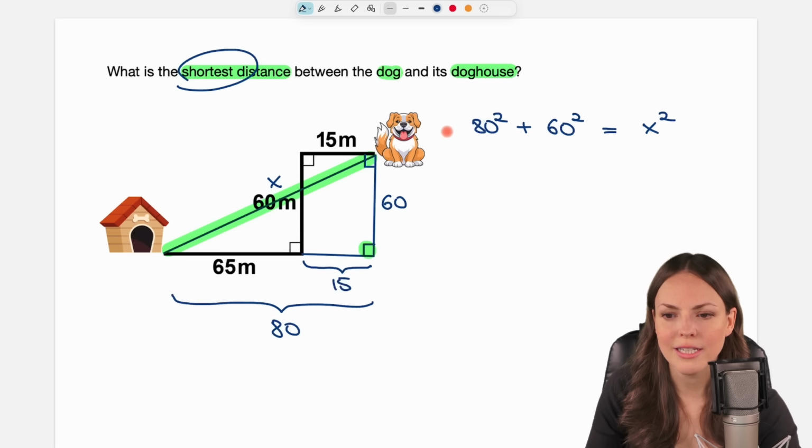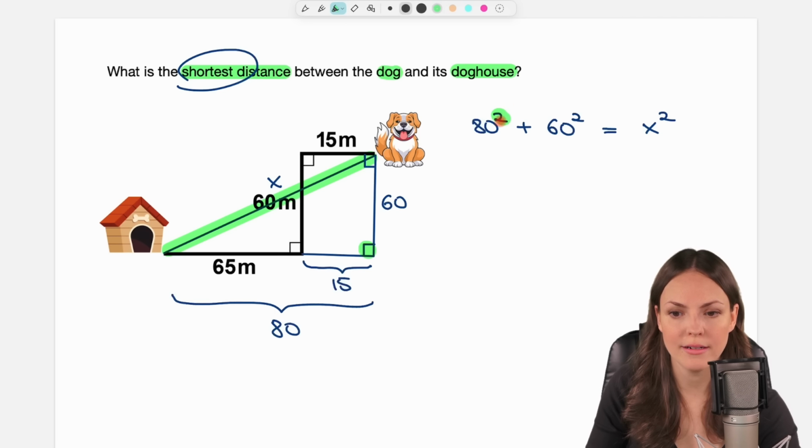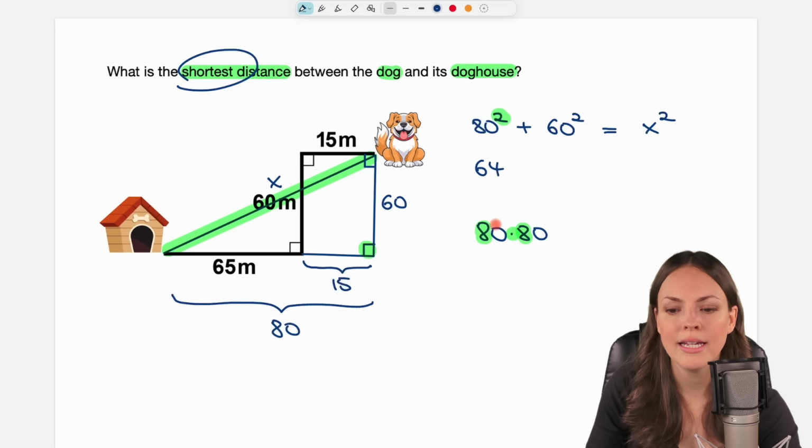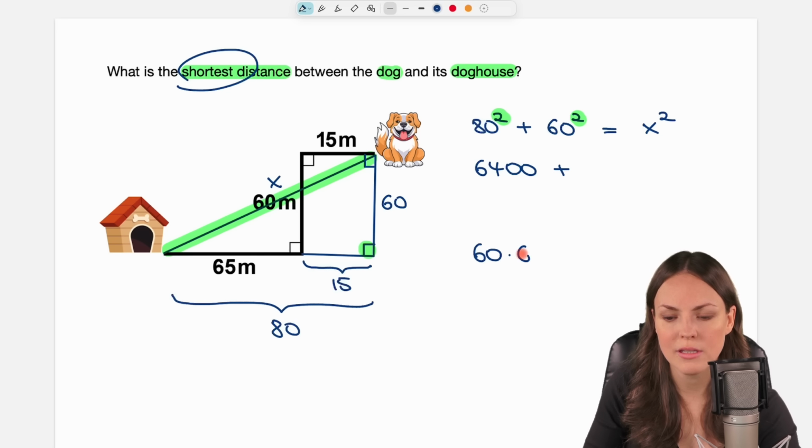Let's do some calculations on the left side. We have 80 squared here, which is 80 times 80. So we can multiply 8 by 8 first, which equals 64, and then we add these two zeros. The same thing with the 60 squared here, which is 60 times 60.